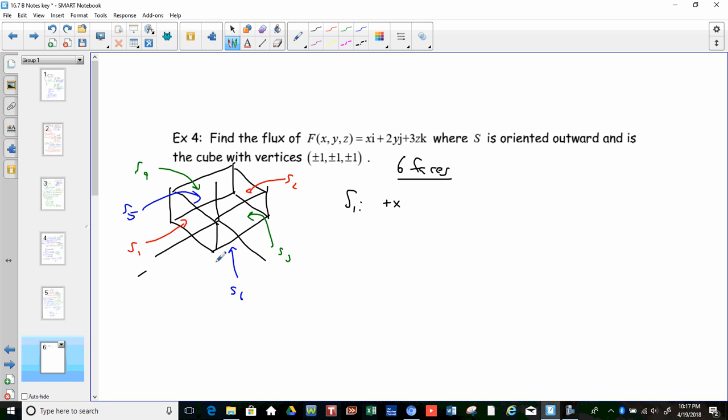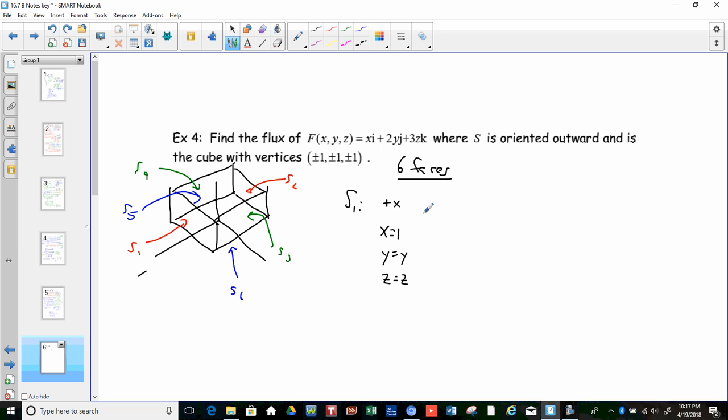So let's see how we're going to parameterize this thing. So x is always 1 according to this, right? This whole face, x is 1. So I think we're just going to go with a trivial parameterization here, say y is y and z is z. Because of the fact that x is 1, we have now an r which is in 2 variables.